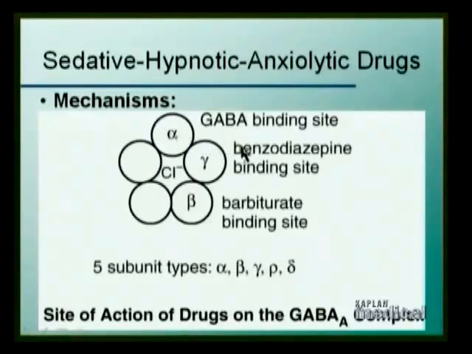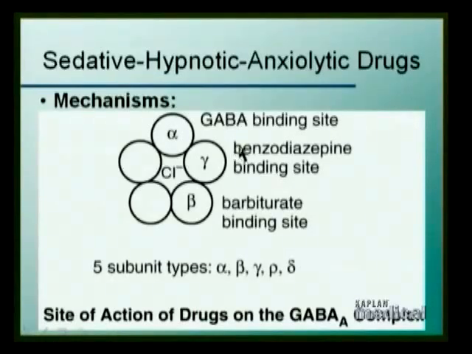Notice then that benzodiazepines and barbiturates do not bind at the same spot as GABA does, essentially telling you they bind allosterically. Allosteric simply means allo for other, steric, site.